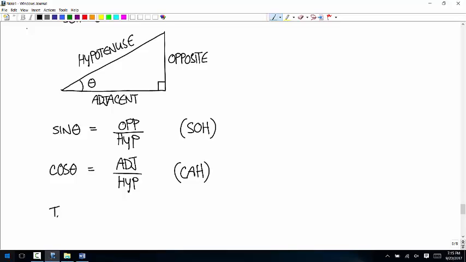And then one we won't use, the tangent of theta, is the opposite over the adjacent. So that's the TOA. So SOHCAHTOA reminds you what those fractions are that you can use to calculate sine and cosine and tangent. But we're not going to have to do that in this class.